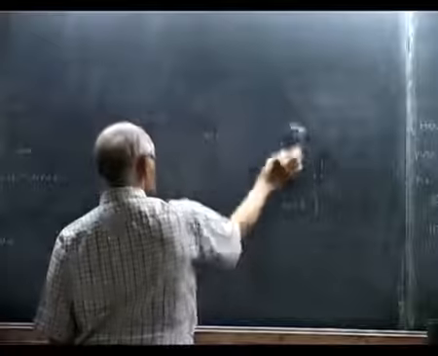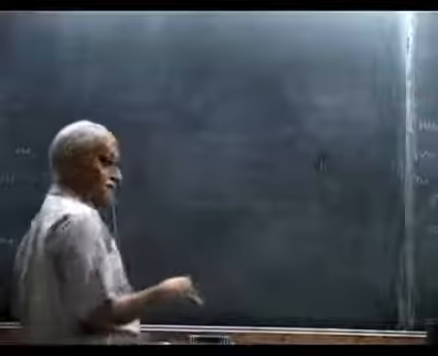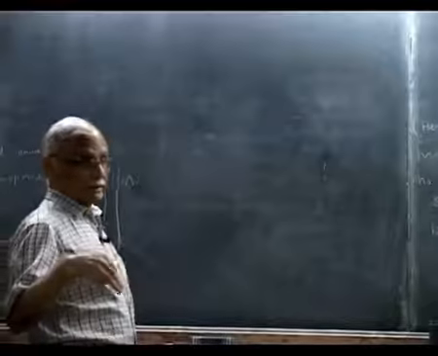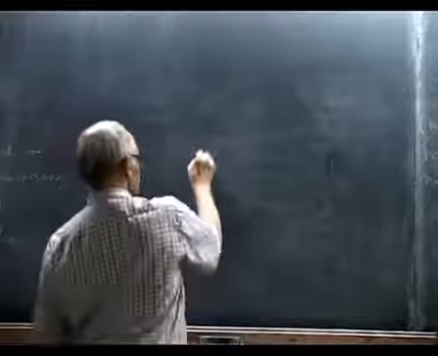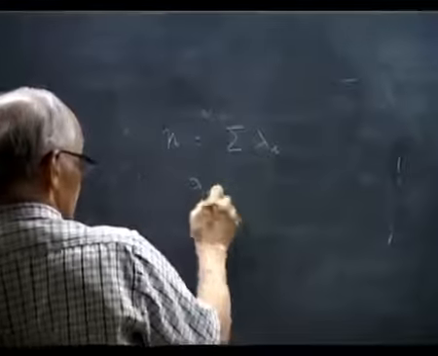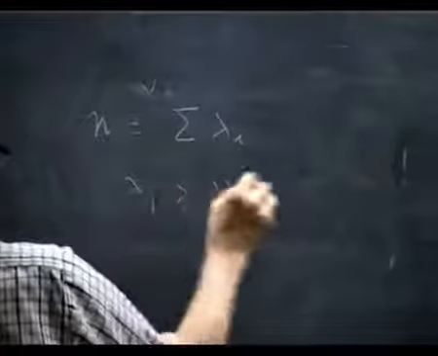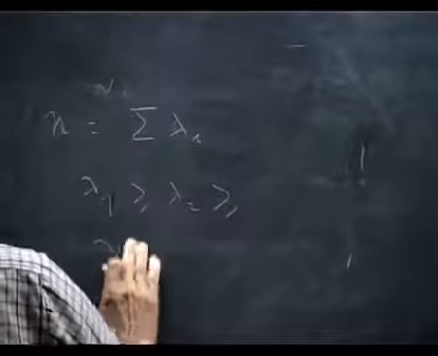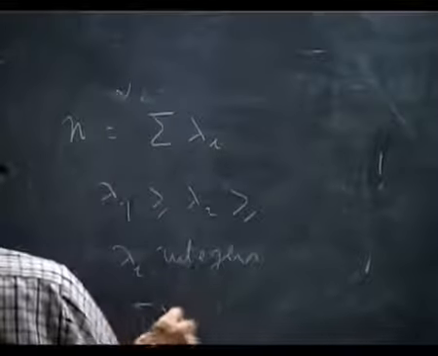We will see momentarily that for the permutation group, the number of conjugacy classes is given by partitions of n, where lambda i are partitions, lambda 1 up to whatever, lambda i integers, and their sum is n.